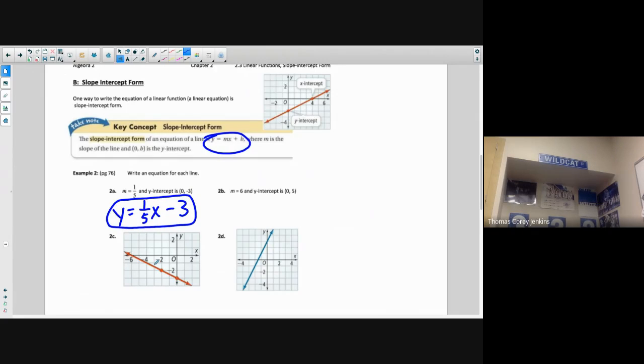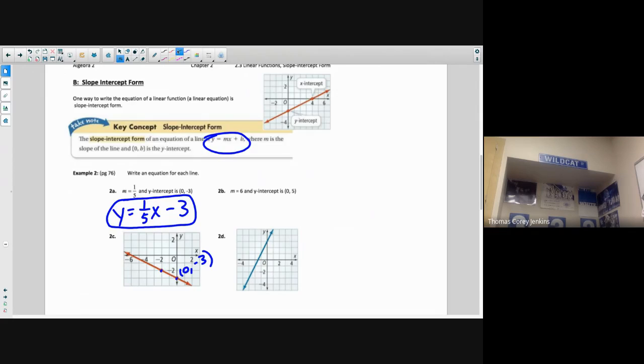A little bit tougher from a graph, but still, nothing you haven't seen before. I always like to find b first because that is the easier part to find. So b is where I cross the y-axis. All right, so this crosses at 0, negative 3, it looks like. And then my slope, so I see that this is what I like to call a corner point.